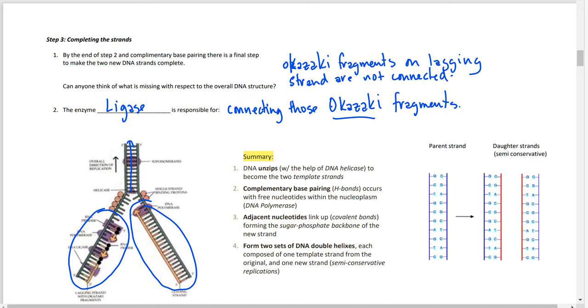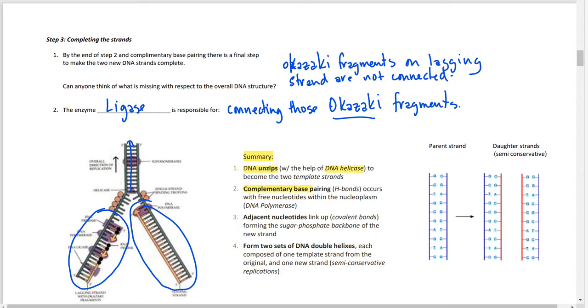So DNA helicase unzips the 2 strands. And there are some details in there we want to know about, those single-stranded binding proteins that prevent it from recoiling. The process is semi-conservative, in that we're retaining one strand of the parent in each new DNA molecule that's formed. So we've got DNA unzips, the enzyme helicase.